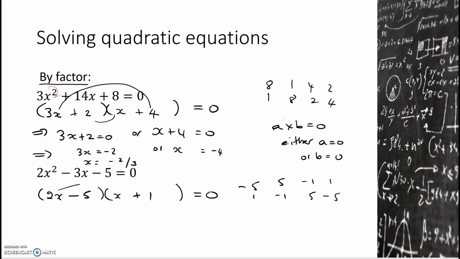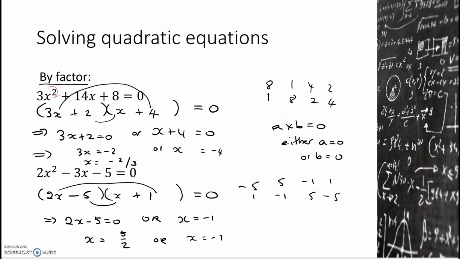Check it. Yes, that gives us -3. So therefore 2x minus 5 equals 0, or x plus 1 equals 0, so x equals 5 over 2, or x equals -1. Oops, that's a 1. Check your answers.